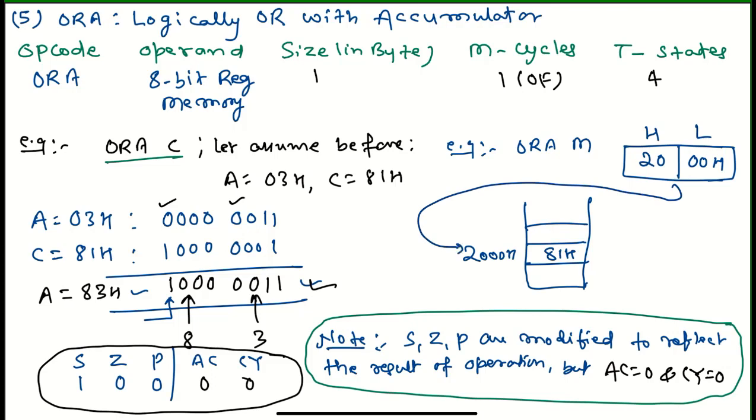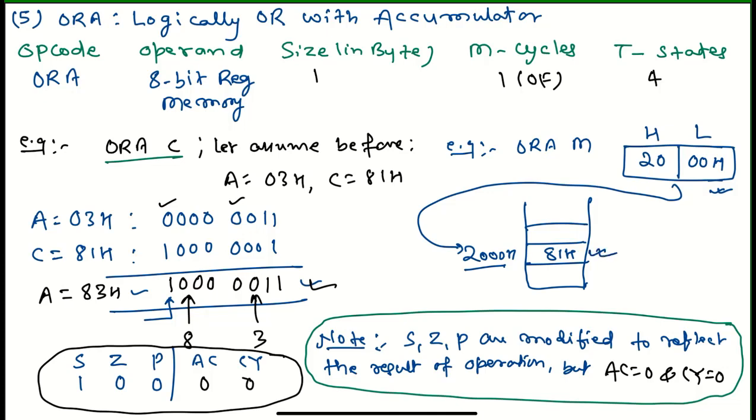Before execution of this instruction, whatever is the content of the HL register pair becomes the address of that data in this memory organization. So wherever it is 2000H, that will be pointed to by the HL register pair content, and at that place the data is 81H.